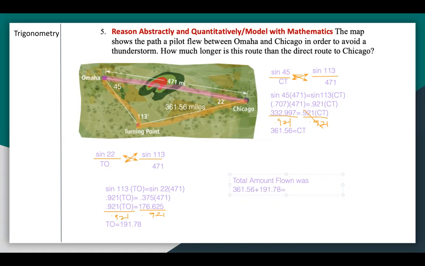And this should be equal to 553.34 miles. So how much longer was the route? The route was, subtract the 471, 82.34 extra miles. I took the 553.34 and subtracted 471 from it.